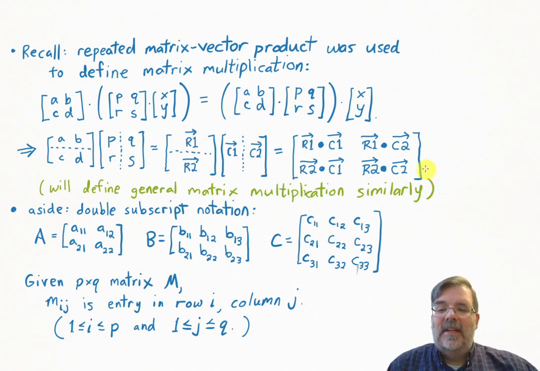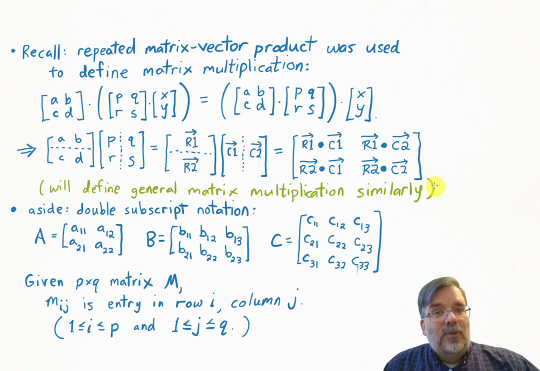It's completely analogous. But before we talk about that, just as a brief aside, when these matrices get larger, we quickly run out of variables. So occasionally we will use something called double subscript notation. For example, the elements of a matrix A, we might write in this format. The matrix itself, we usually use a capital letter.